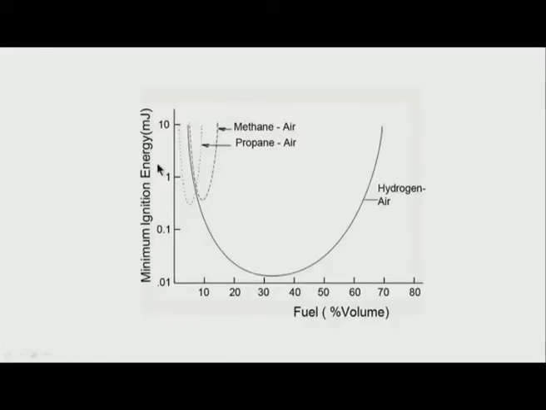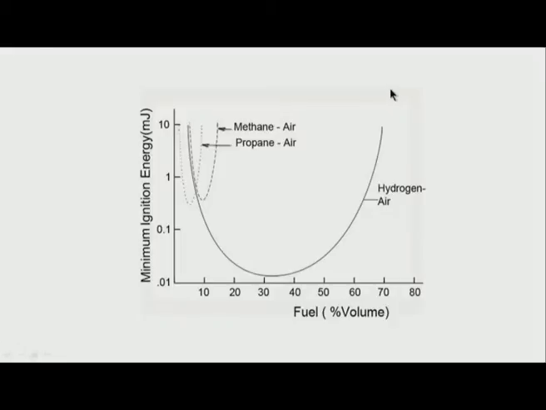Why do we show the minimum ignition energy? Well, if something is not flammable, the minimum ignition energy tends to a very large number, that is infinity. Therefore, at the limits of flammability, the minimum ignition energy is infinity, and therefore I have a line over here, which is a very large ignition energy.